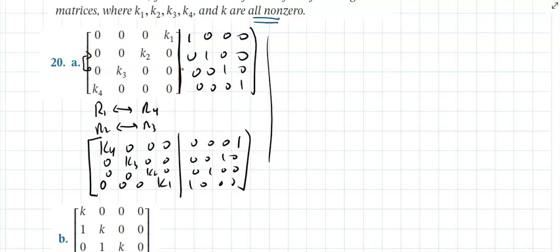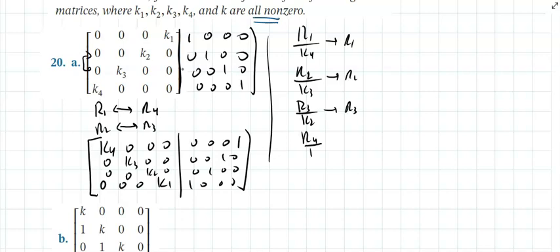All I have to do right now is take row 1, multiply it by 1 over 4, put it in row 1. Take row 2, multiply it by 1 over K sub 3, put it in row 2. Take row 3, multiply it by K sub 2, put it back in row 3. And take row 4, multiply it by 1 over K1 or divide it by K1, put it back in row 4.